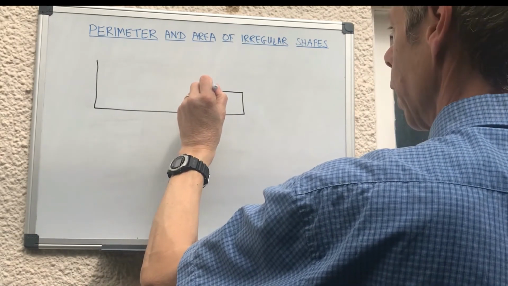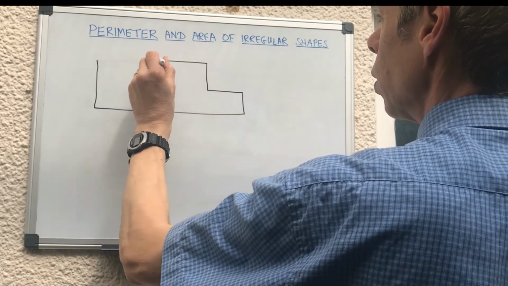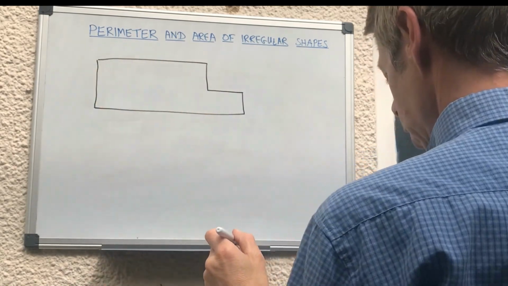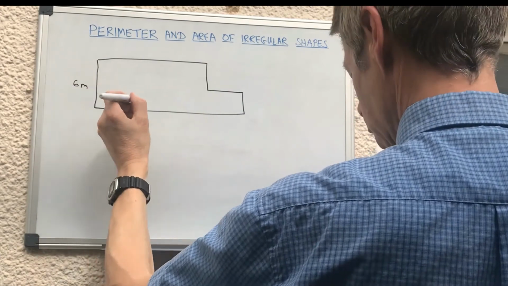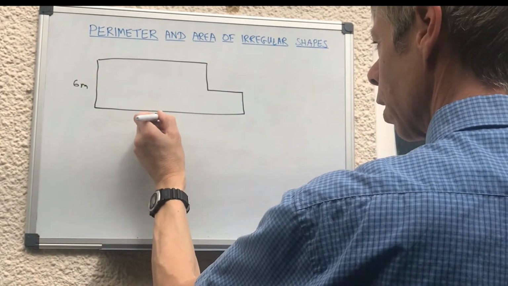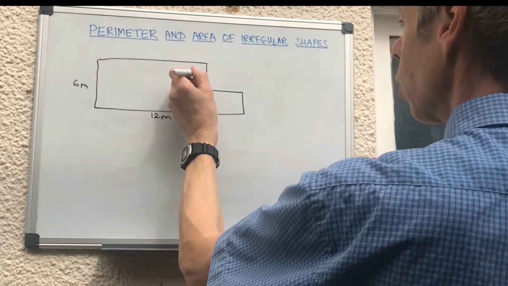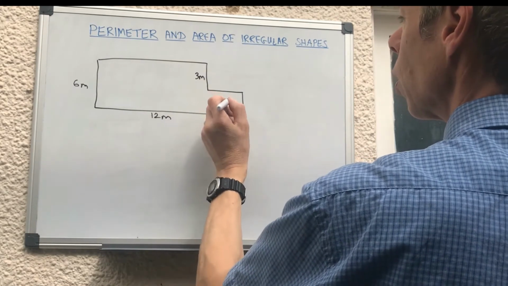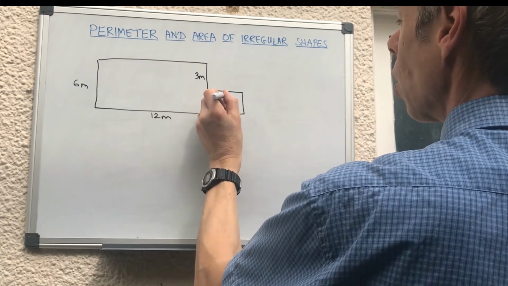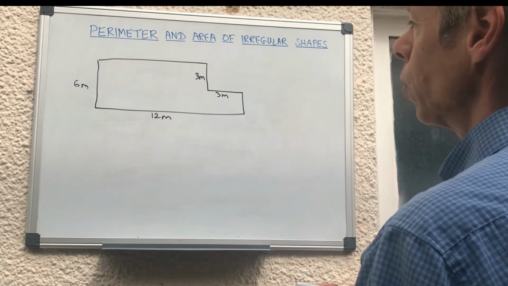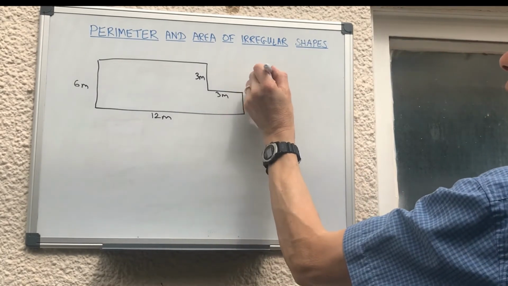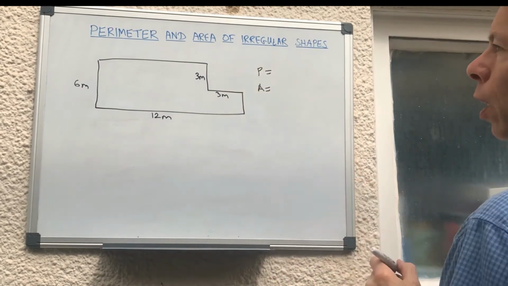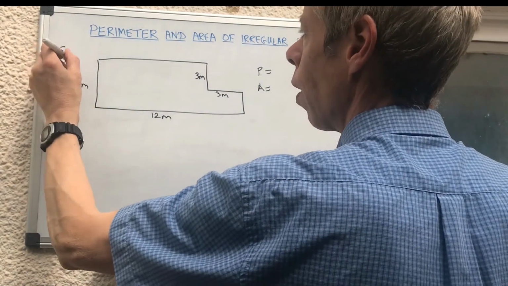Apologies for any dodgy lines, wiggly lines, and measurements that don't seem to be very realistic. Right, that is all the information you would need to work out the perimeter and area of shape 1.